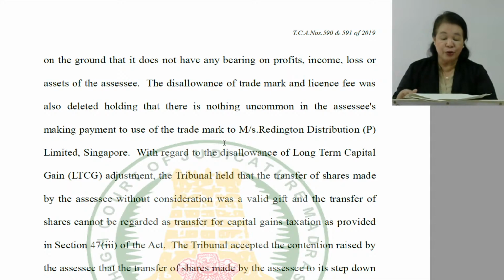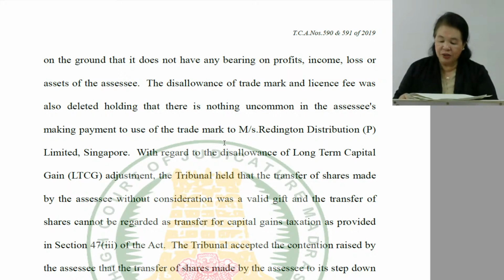Hindi pa yung decision na dinala na nila sa Supreme Court. Kasi pagdating sa Supreme Court, iba po ang decision. The disallowance of trademark and license fee was also deleted, holding that there is nothing uncommon in the assessee making payment to use of the trademark to Redington Distribution Limited, Singapore. Kasi related parties to, so may group of companies involved.